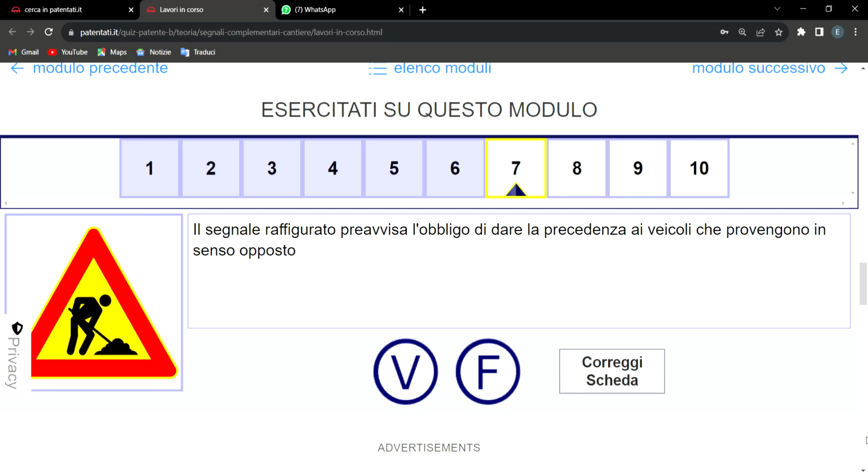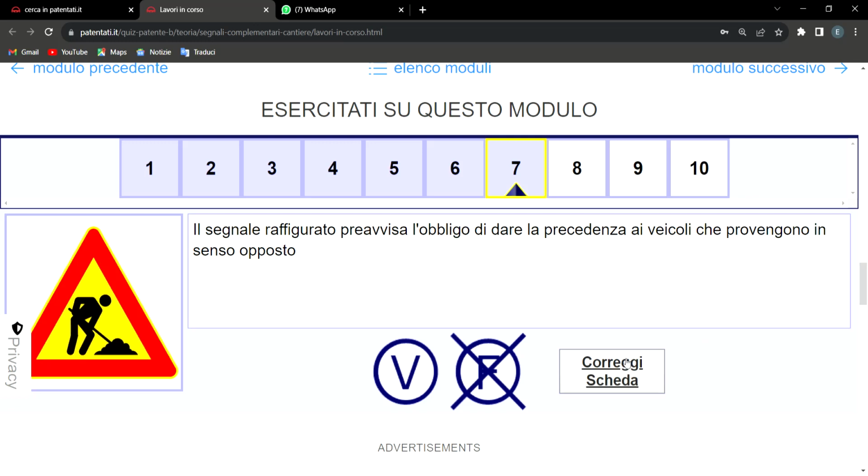Number 7. It says il segnale raffigurato prevede obbligo di dare la precedenza ai veicoli che provengono in senso opposto. So this one, vero or falso? Falso. Because it says this very sign is a preview that it is obligatory for you to give way to vehicles coming from the opposite direction. No, it's not talking about that.